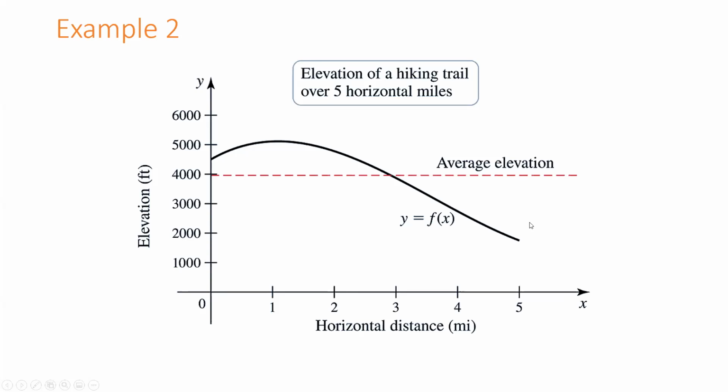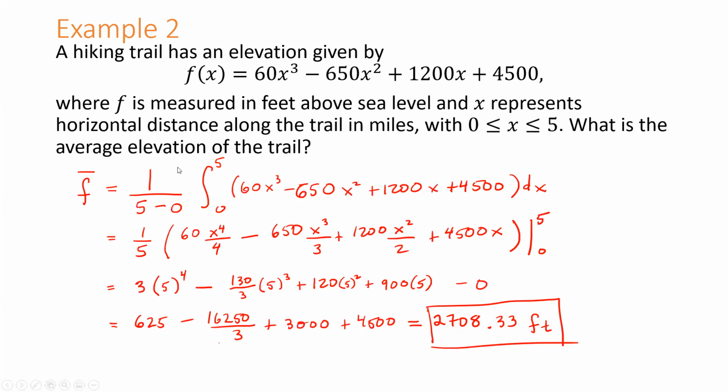I must have made a mistake somewhere, because here it looks like the average elevation is close to 4,000. Ours was a little bit lower than that, so I probably made a mistake calculating it. Maybe you guys can help me spot it.